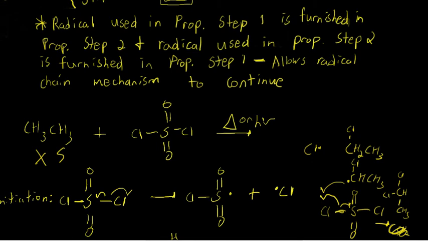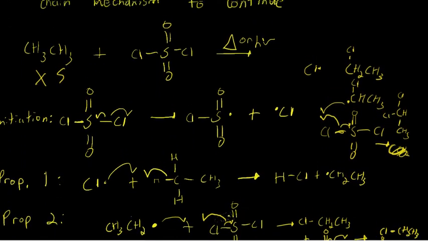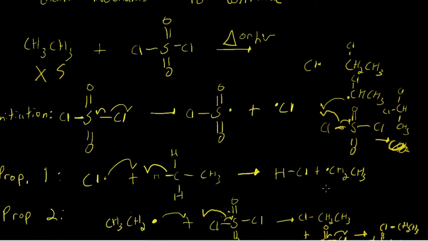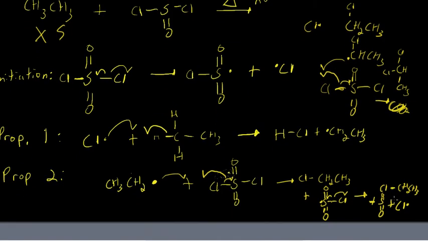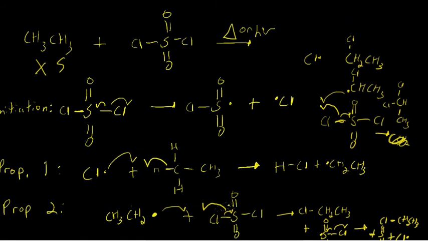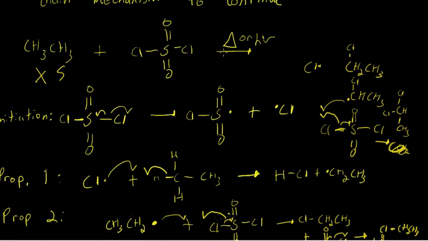But the main point I wanted to make in this video is that, well, 2 points. One, that the radical used in one of the propagation steps must be furnished in the other propagation step. And the other is that if you have a compound like sulfonyl chloride that you're not used to seeing, just think about its role in the reaction.